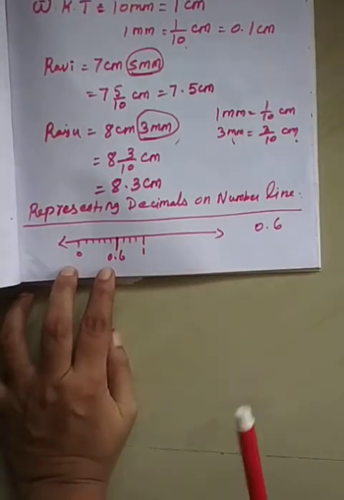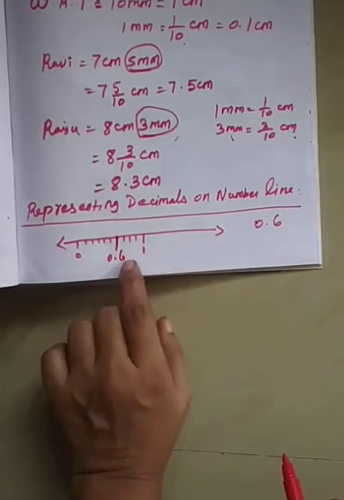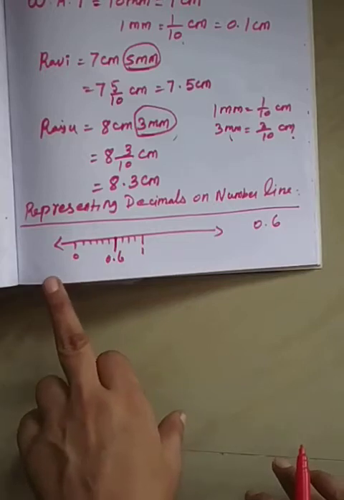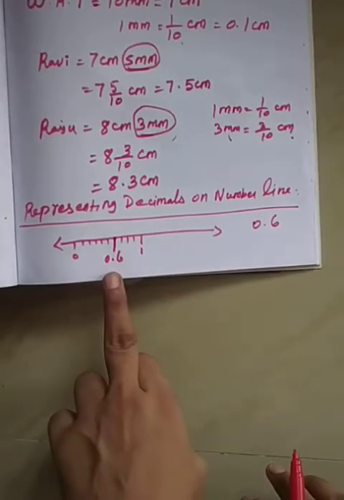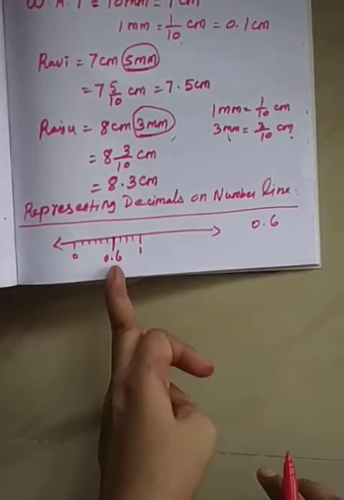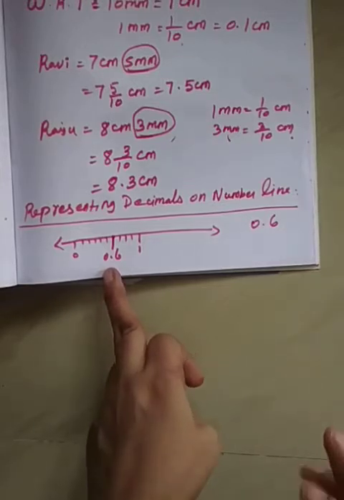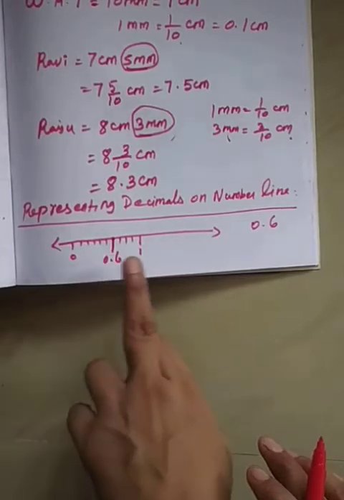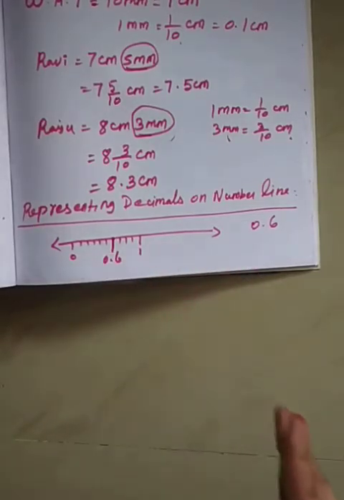0.6 on a number line means we know that 0.6 is more than 0 but less than 1. There are 6 tenths in it. Divide the unit length between 0 and 1 into 10 equal parts.